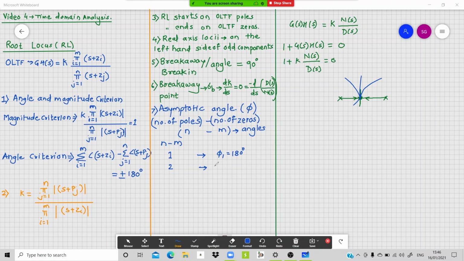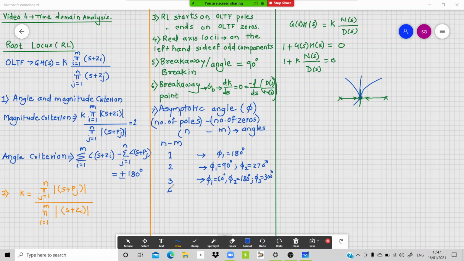When it is 2, phi 1 will be 90 and phi 2 will be 270. When it is 3 branches going towards infinity, it will be 60, 180 and 300.